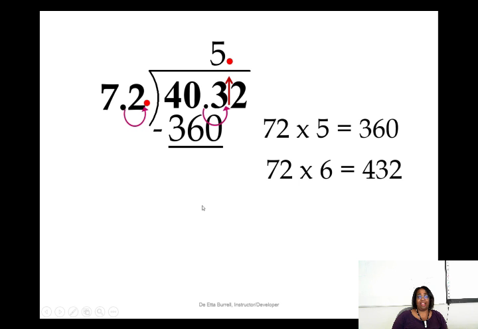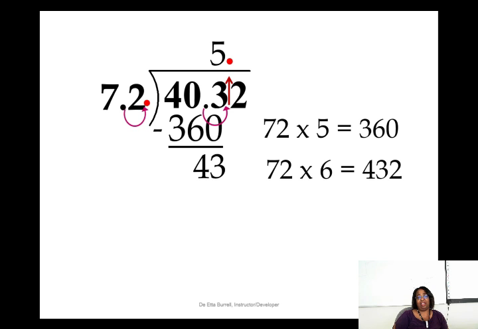Then I'm going to subtract, which gives me 43. So remember those steps. I took care of my decimal first. I looked to see where the first digit's going to go in my answer. Then I divided. I multiplied, and I subtract.